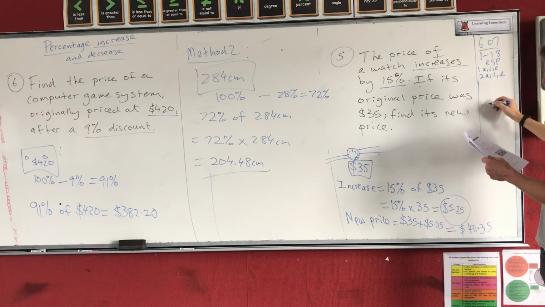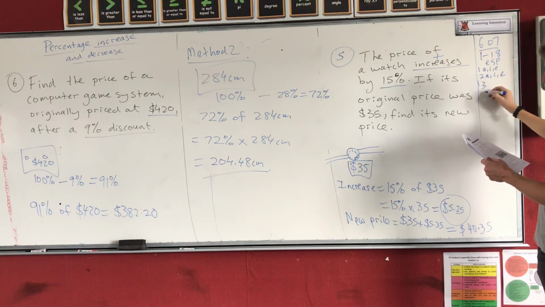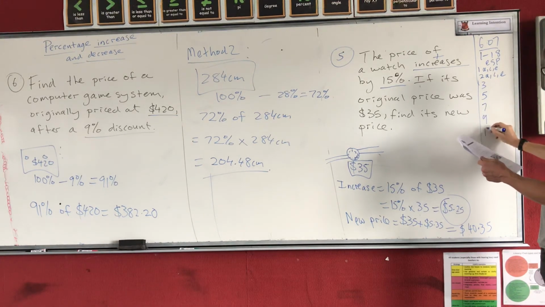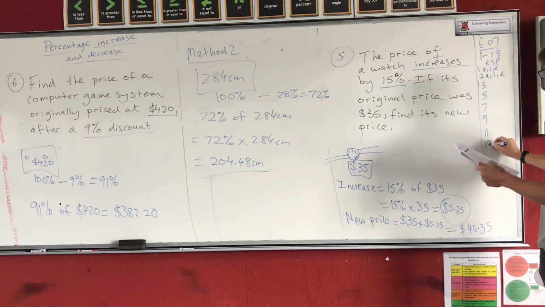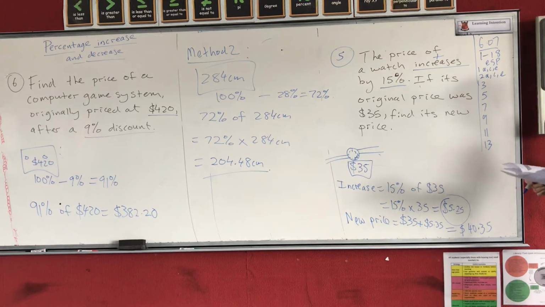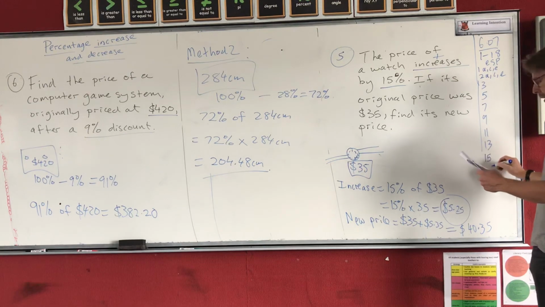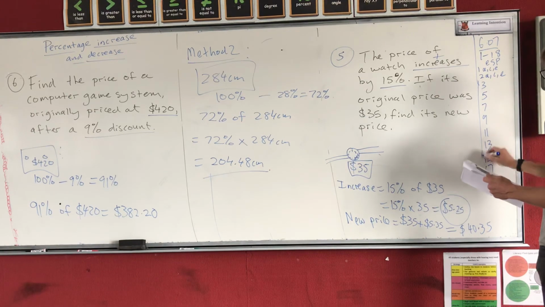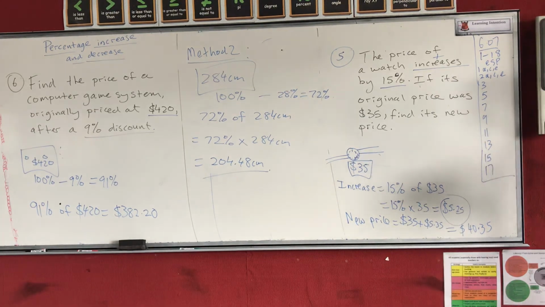Then you're going to do 3, then you're going to do 5, then 7, then 9, 11, 13, 15, and then try those questions there. Make sure you mark your work as well so you know if you're getting it right.